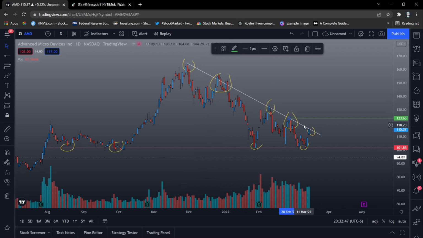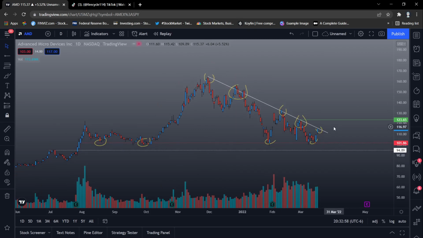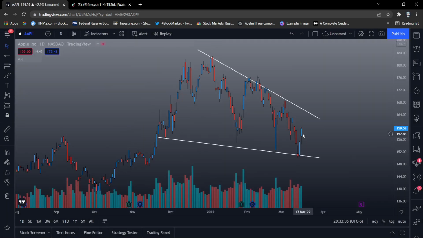As long as we close above the resistance, we're looking very good for AMD, for QQQ, and for SPY. I thought this was a pretty interesting setup for AMD. We also have a nice gap, which could be a breakaway gap, the start of a new uptrend.